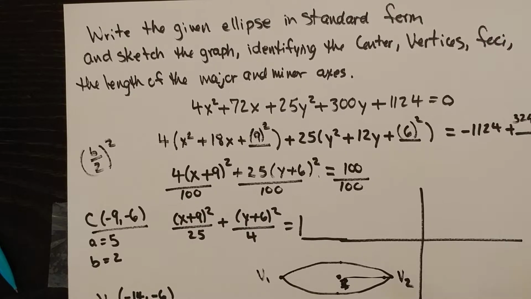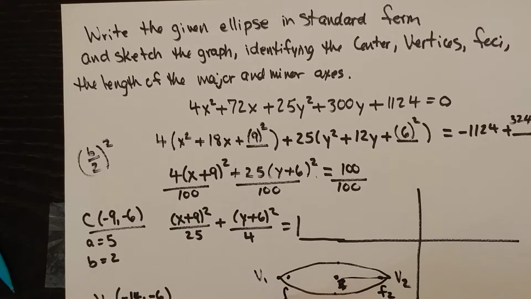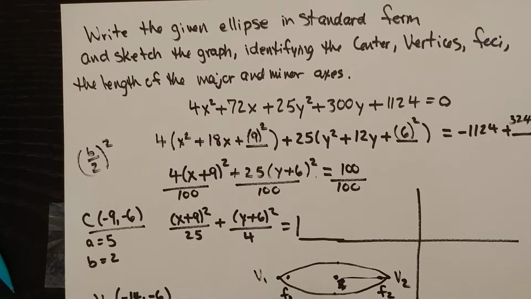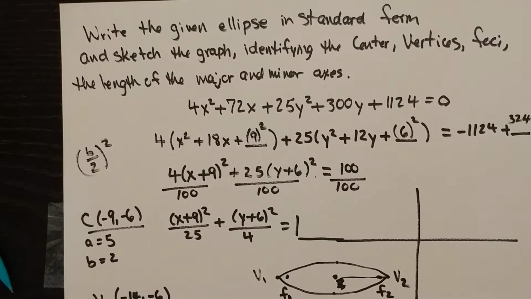So that means from the center, I'm going to go 4 point something to the right. And if this is 5 to the right, maybe that's where the focus would be. I'm a little inaccurate on my graphing, but I'll be very accurate when I label my points. The first focus, F1, is going to be c units to the left of the center. The center is at (-9, -6).